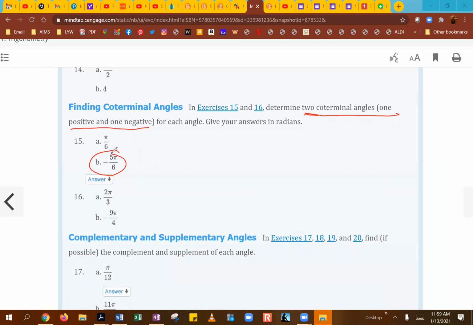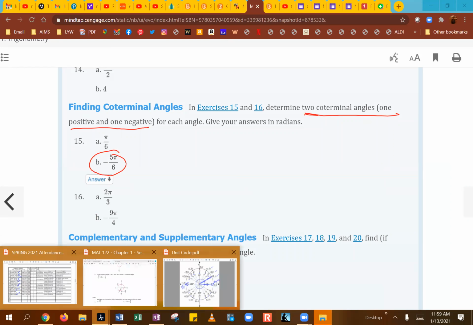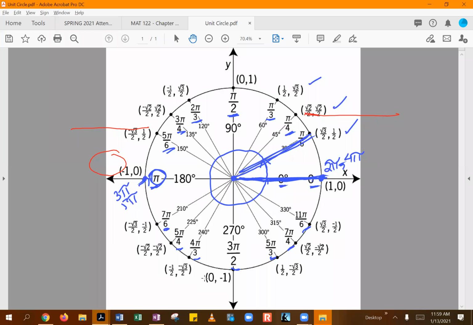Over here, you've got negative 5 pi over 6. So if you think about it, that's a negative angle. So that already means that, let me see if I can clear some of this out. What's happening in this case is you are starting at the initial side, which is still going to be here, but now you're going in the clockwise direction.